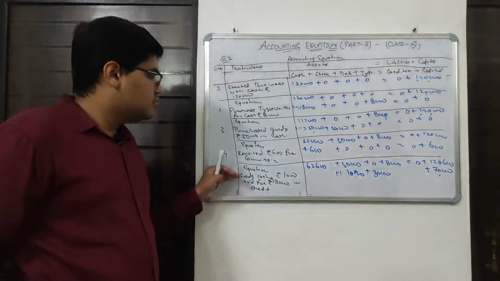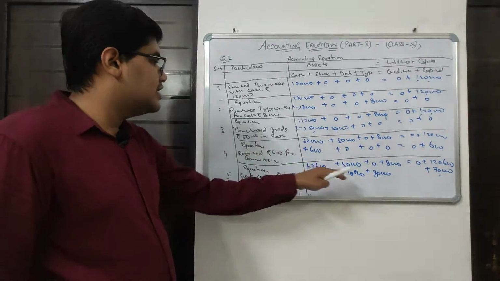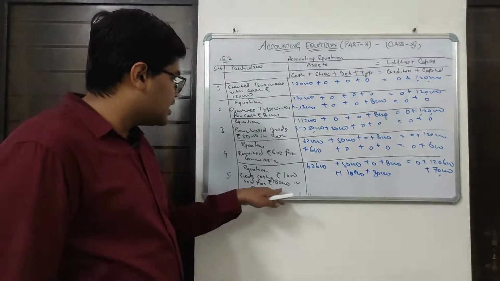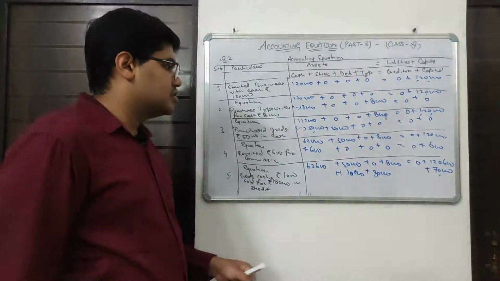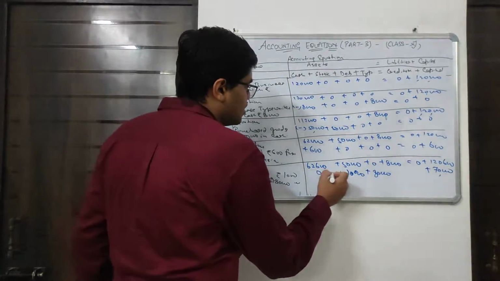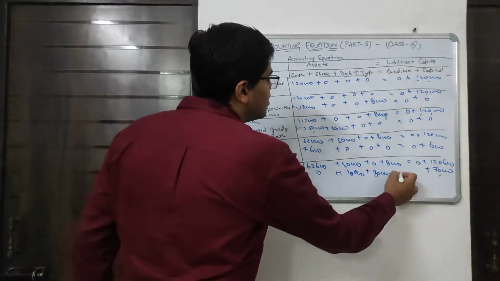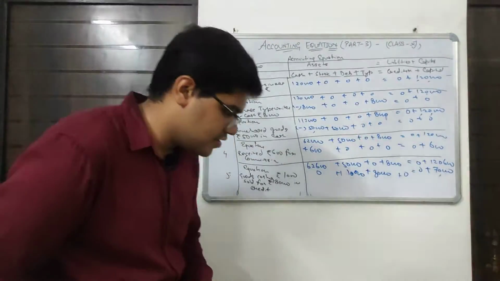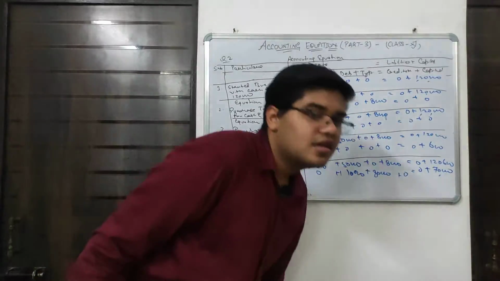The person to whom we are selling the goods on credit is known as debtor, so since we are selling the goods on credit, we add 80,000. No change in cash, no change in typewriter, no change in creditor. So let us see whether our equation is balanced or not.